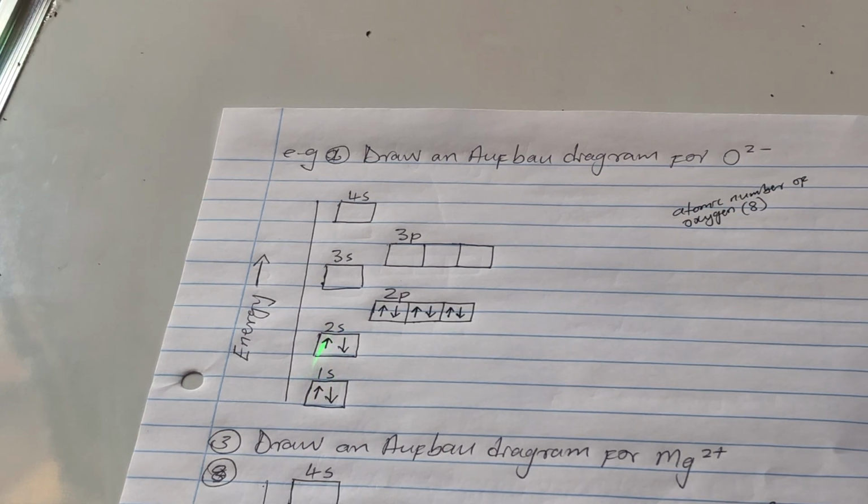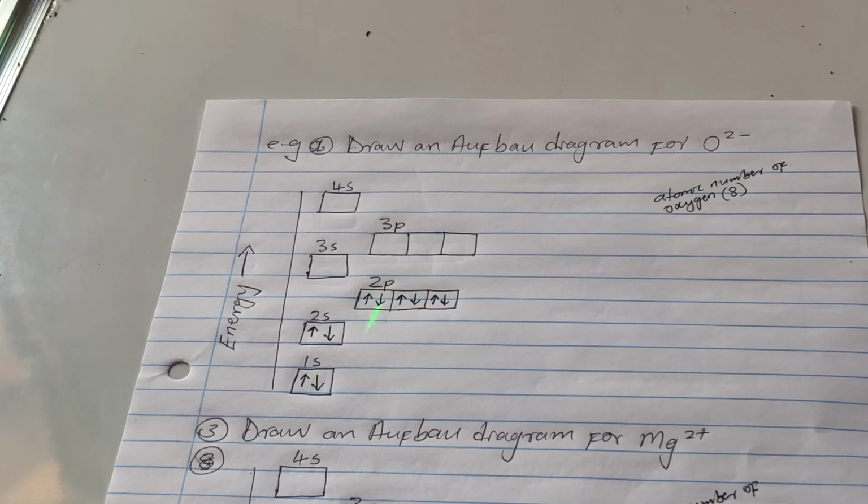We have put 4. Only 6 left. This 6 left will be filled in 2p. You can see that 5, 6, 7, 8, 9, 10. This is the Aufbau diagram of oxygen ion.